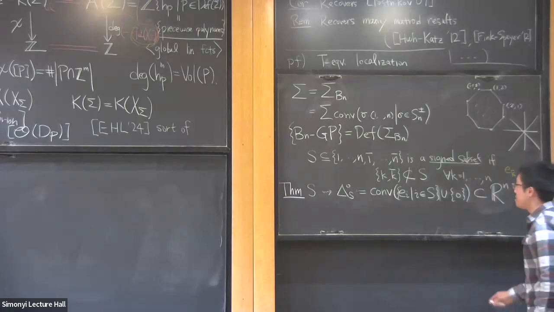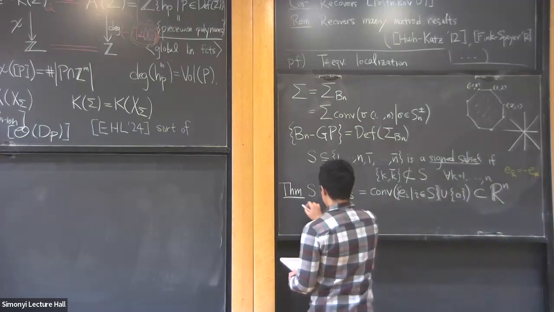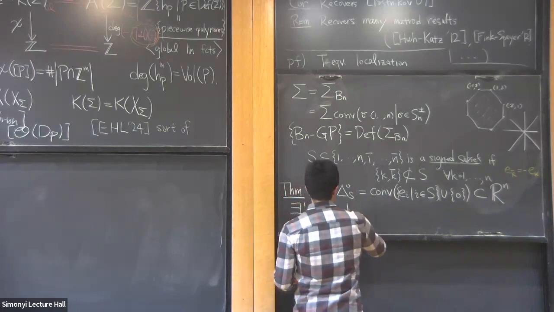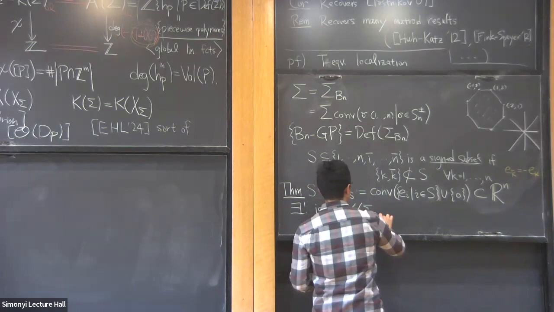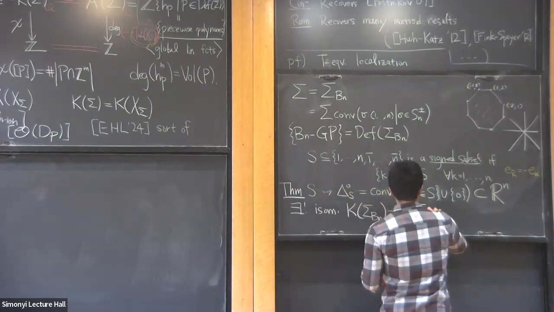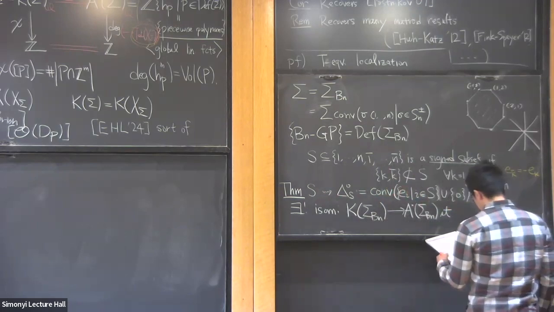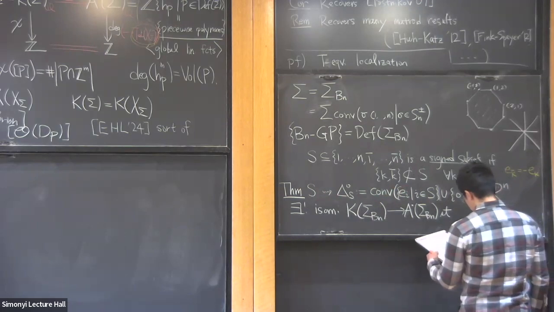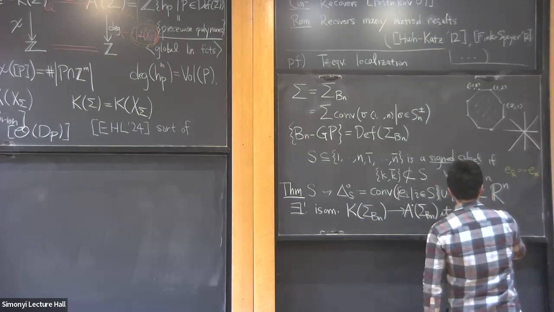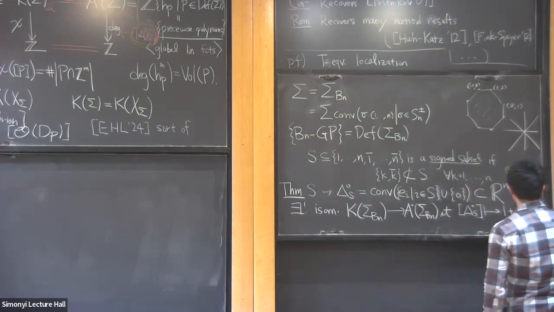So I have a bunch of these simplices with now the origin included. And the statement is there exists a unique isomorphism from the K-ring of the type B_n permutahedral fan to the Chow ring, once again over integral coefficients, such that the class of these simplices go to 1 plus.